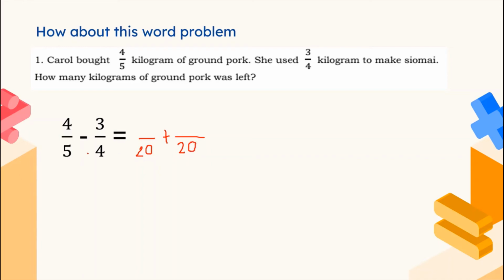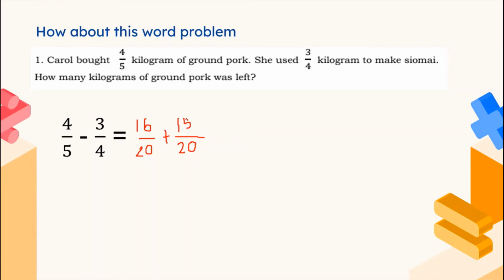The next process is we're going to divide. 20 divided by 5, that is 4. And 4 times 4 is 16. The next one. 20 divided by 4, that is 5. 5 times 3, the answer here is 15.